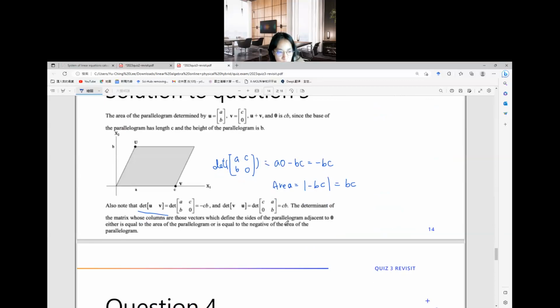So basically, we need to answer that the determinant of the matrix, whose columns are those vectors which define the parallelogram, will be equal to the area of the parallelogram, or equal to the negative of the area of the parallelogram. Or you can put that the absolute value of the determinant equals the area of this parallelogram.